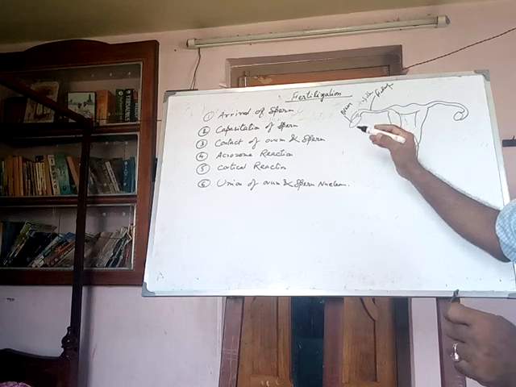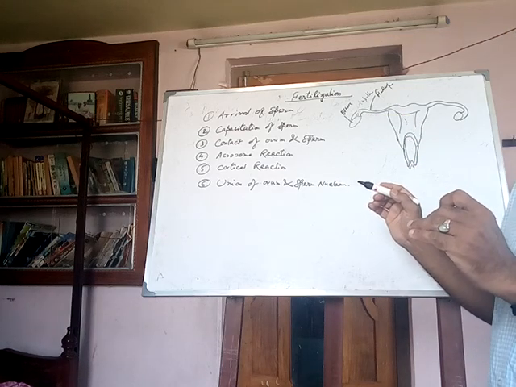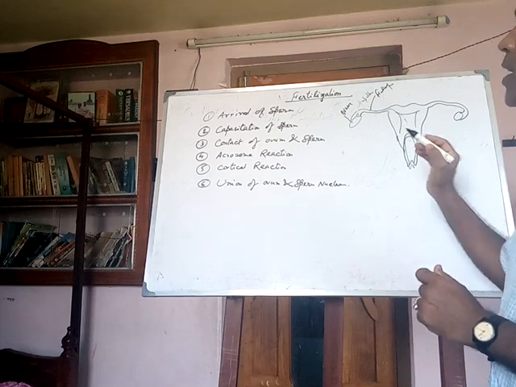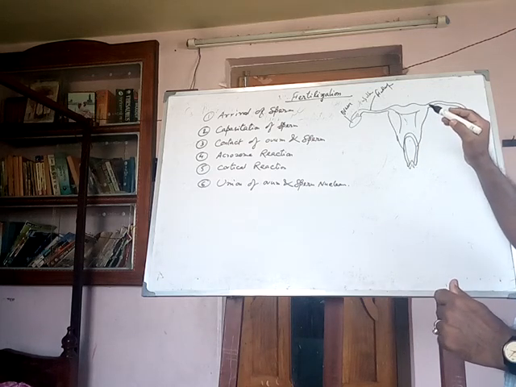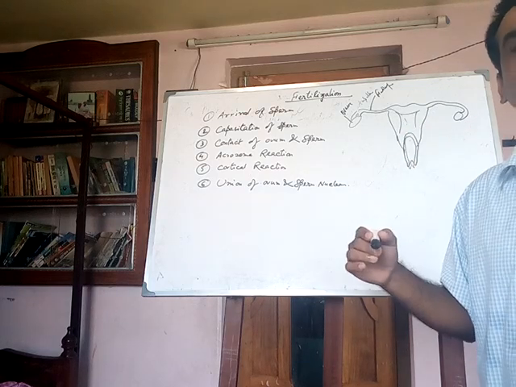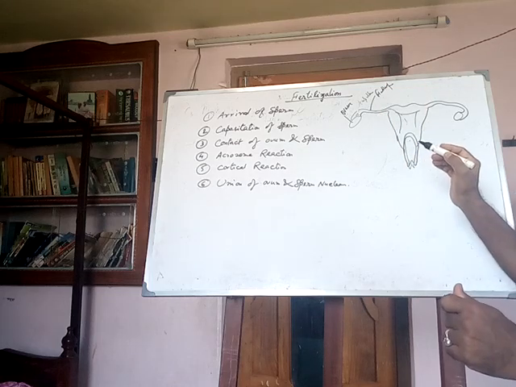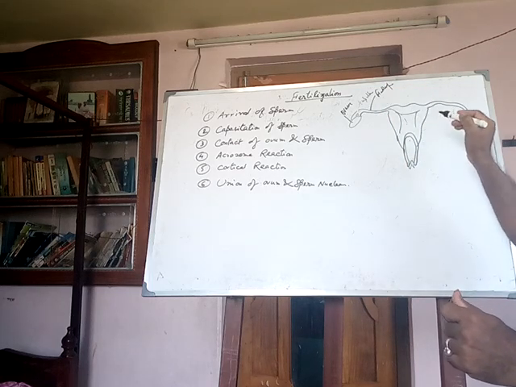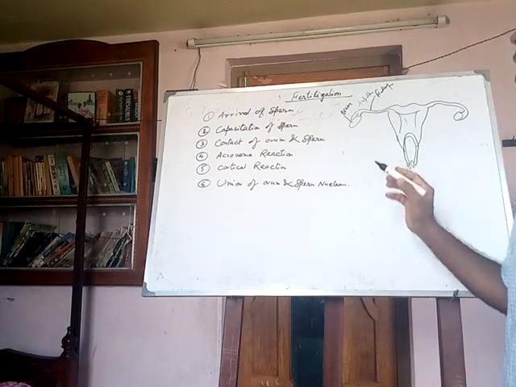So it must gain some capability to fertilize the egg, and this function to enhance the capability for the fertilization of the egg, which the sperm shows through its activities, is called capacitation.